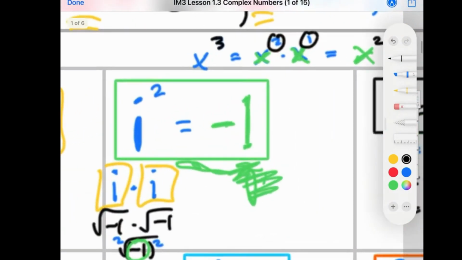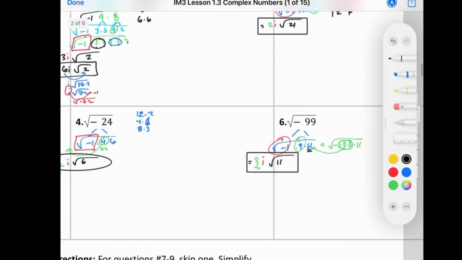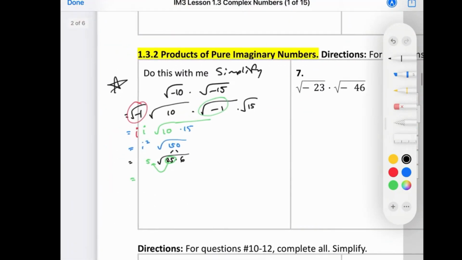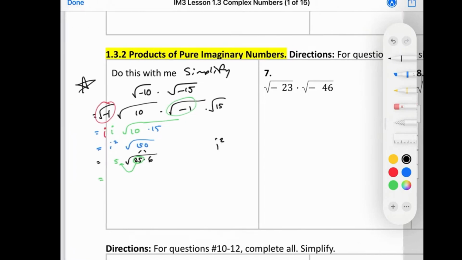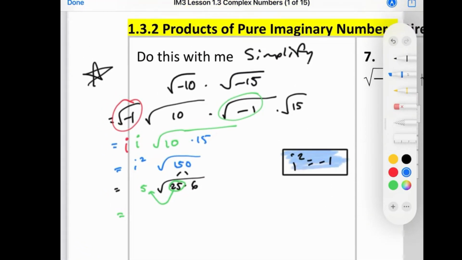Way back in time, i squared equals -1. So write that on your formula sheet. We keep using that information. So if I apply that to this problem right here, this is now -1, and the math operation is multiplication there. So this would become -5 radical 6 is my answer.